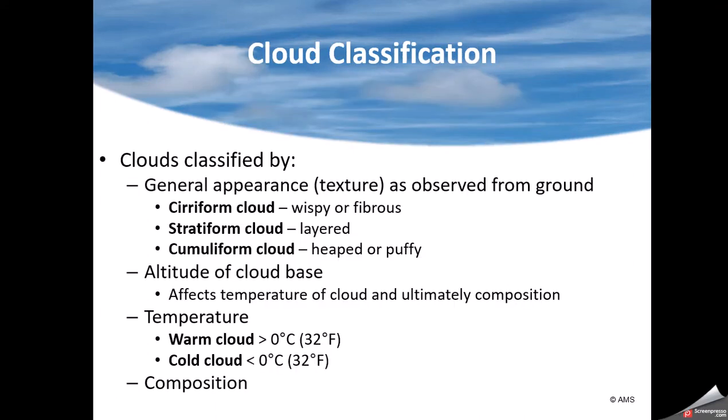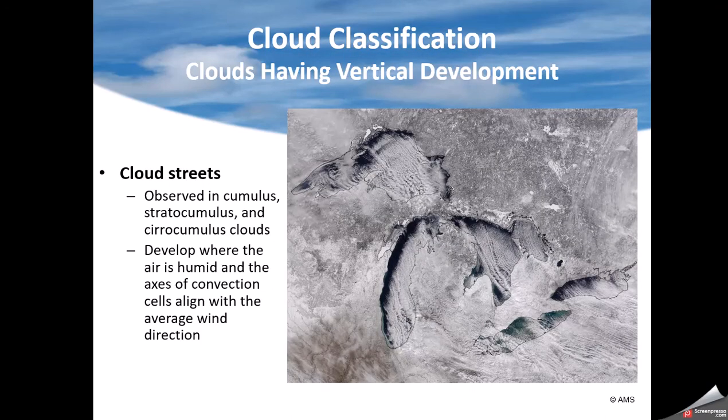Cloud classification. Cirrus, wispy, frozen up at the very top, stratiform or layers, and cumuliform or heaped up or puffy. And you can know cloud, cold, warm, cold clouds. And here's some cloud streets coming off the Great Lakes.